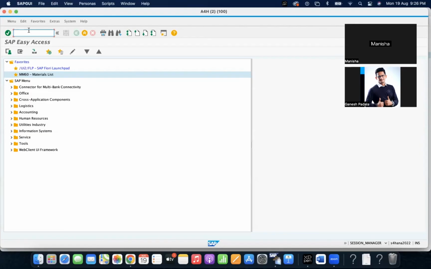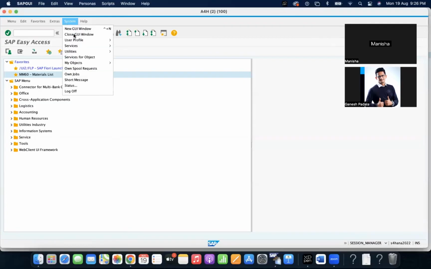Okay. So you are using SAP and you want to know what your user time zone is. How can you see where your time zone is? I think SU01D we can see, right? SU01D transaction we can see.